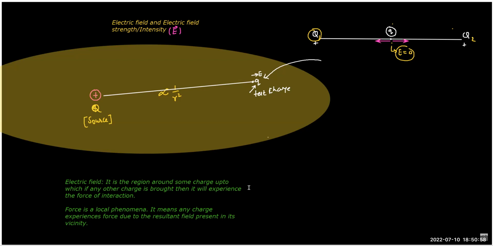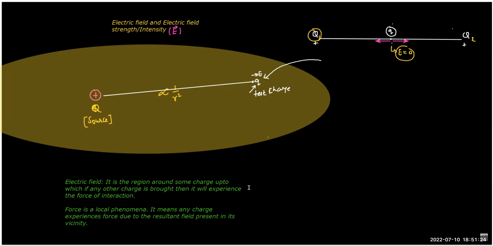Now, when we talk about the field, let's say you wish to calculate the force on a charged particle q among a large number of charged particles Q1 to Qn. So let's say we have n charged particles in space, named Q1, Q2, Q3, and so on up to Qn.